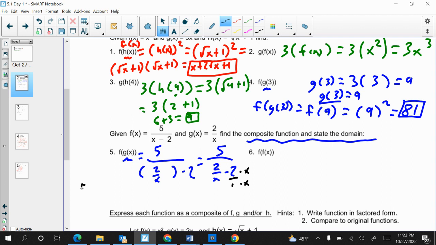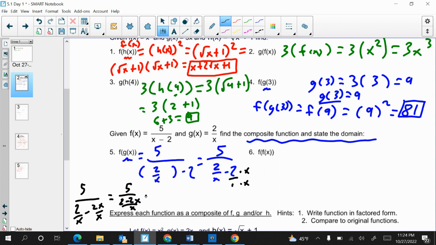In order to combine these, I need to get a common denominator. So I have to multiply by x over x. So I'm going to get 5 over 2 over x minus 2x over x. That's going to turn into 5 over 2 minus 2x over x.